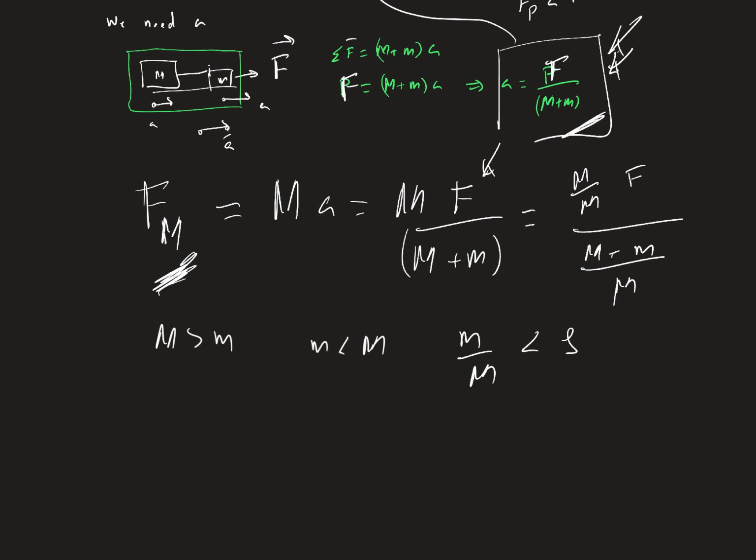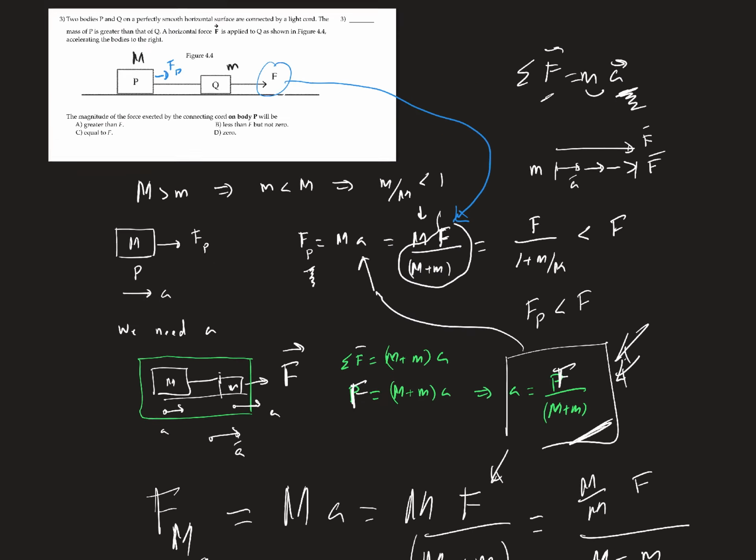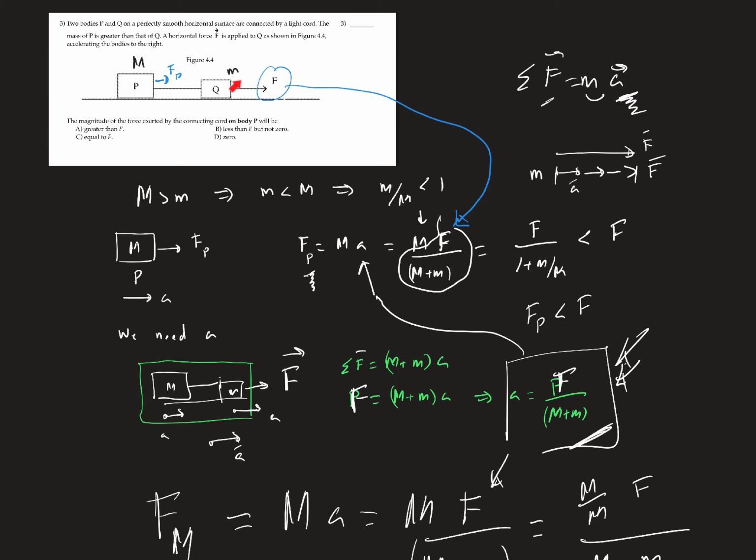So now the force acting on M is equal to M divided by M, which is 1, times F, the external force applied here.